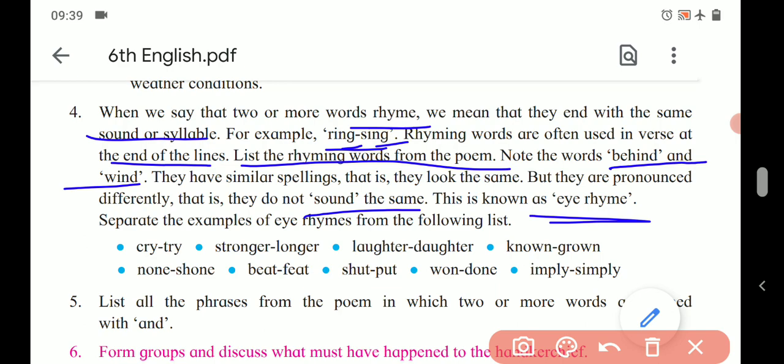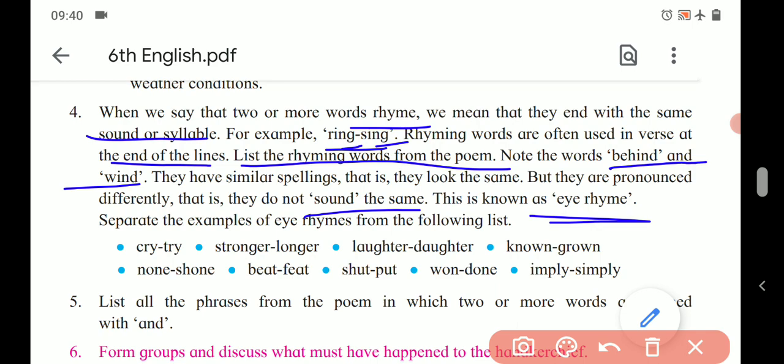So, what are rhyming words? They simply end with the same sound, just like ring, sing, bat, cat, cry, try. But here the example behind and wind, that is not ending with the same sound. Spellings are the same in the end, but sounds are different. Behind, wind. But if we think of just observation, we can tell that this is a pair of rhyming words.